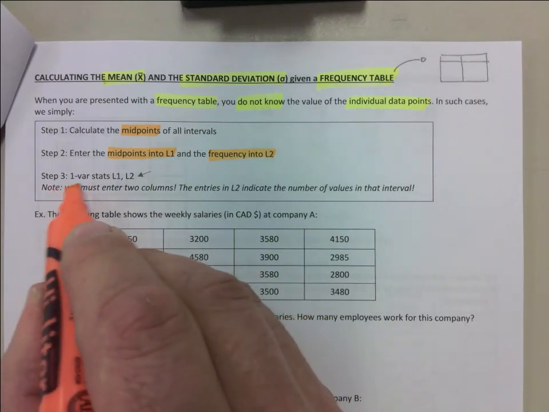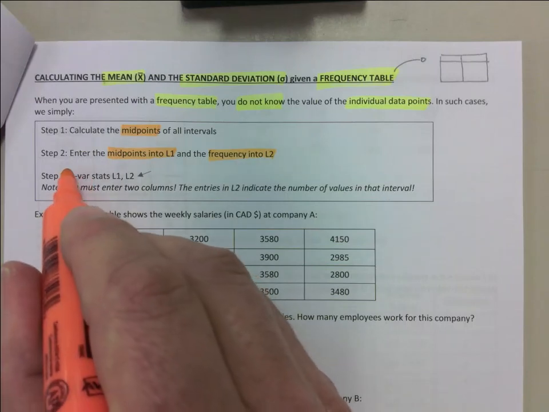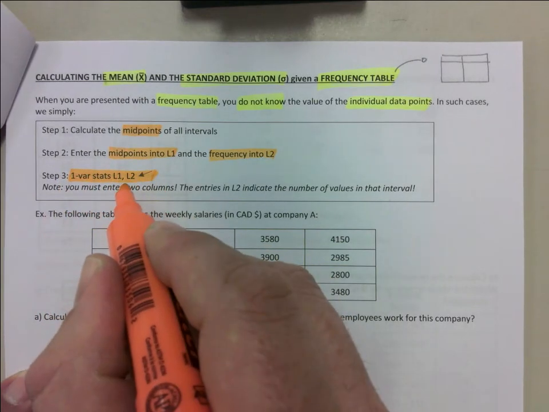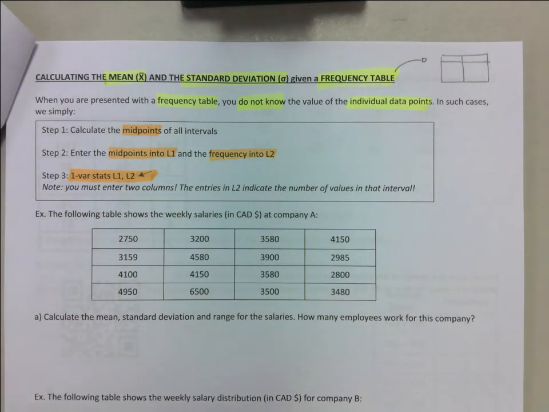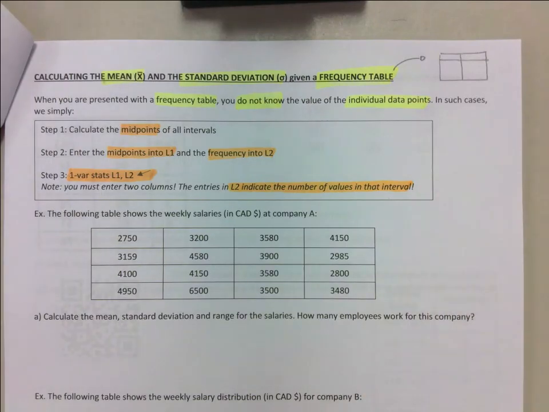We used to do one variable stats and just go L1. Now we're going to have one variable stats L1, comma L2. L2 indicates the number of values in that interval. Okay. And I'm going to compare and contrast the two scenarios, okay?